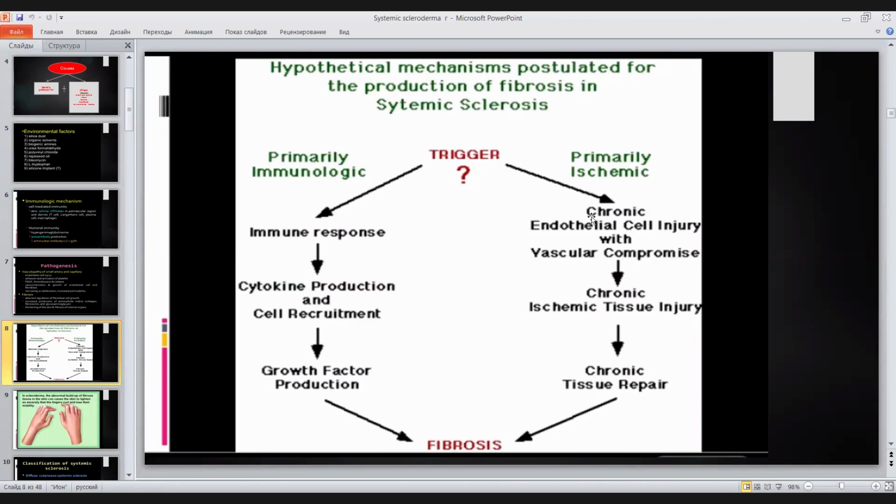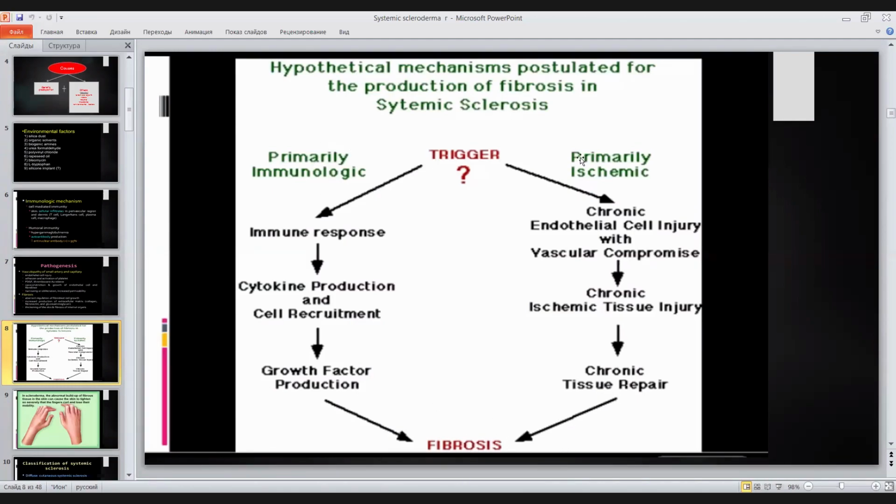If a patient with genetic predisposition, due to some trigger factors like cold or stress, has chronic endothelial cell injury, there might be chronic ischemic tissue injury, which leads to chronic tissue repair. Because of chronic ischemic tissue, different types of cells responsible for new growth start to work again, and there will be tissue repairing again and again, which leads one day to fibrosis.